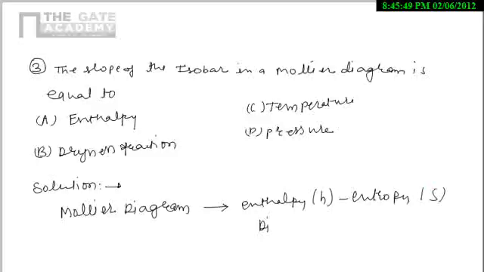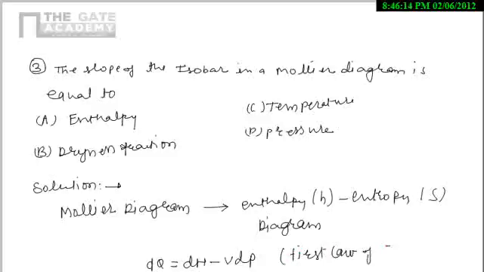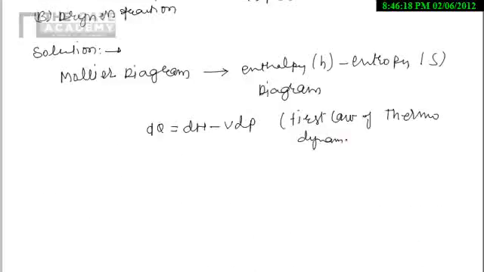So now with the help of first law of thermodynamics for flow process, we can write del Q equals to dH minus V dP.